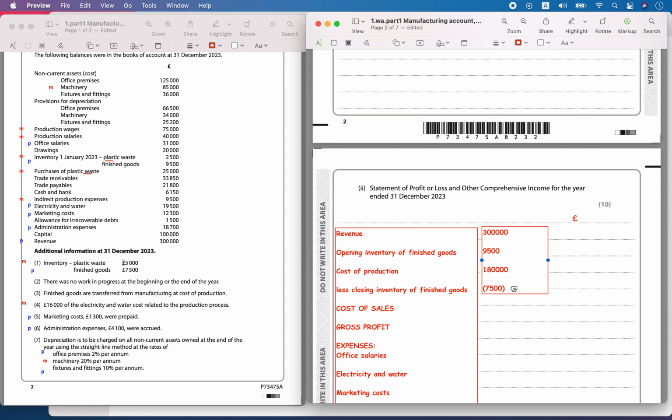With this I'll be able to calculate my cost of sales. So opening inventory of finished goods, 9,500, plus cost of production 180,000, minus 7,500. That is going to give the cost of sales, which is 182,000.